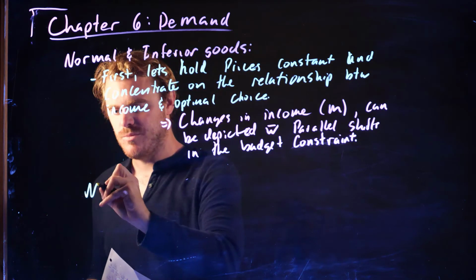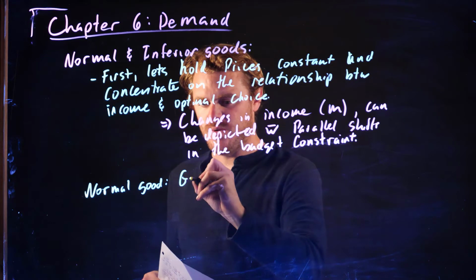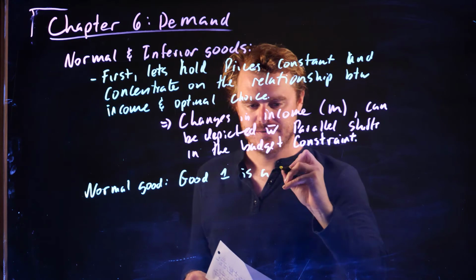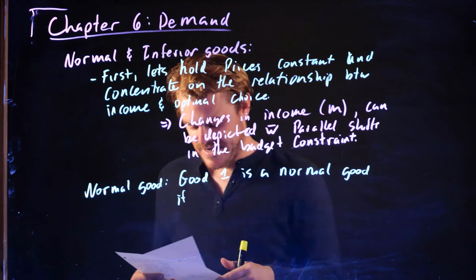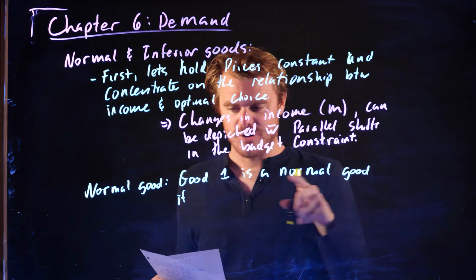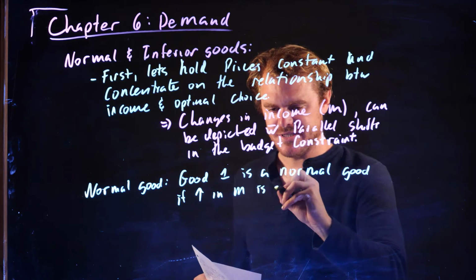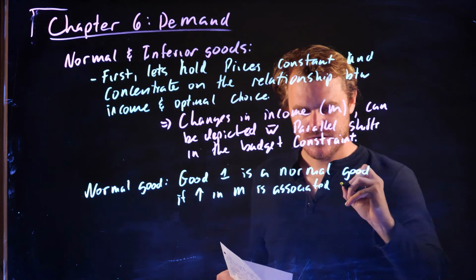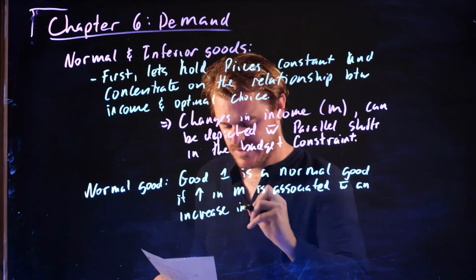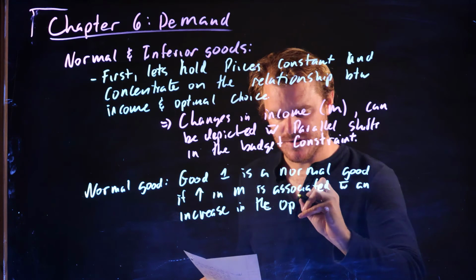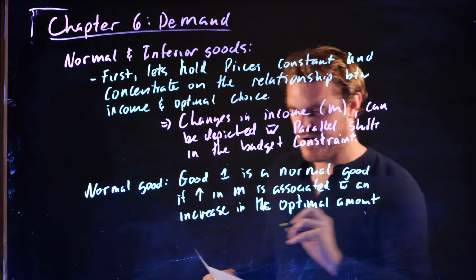So first, a normal good. Good one is a normal good if an increase in M is associated with an increase in the optimal amount of good one.